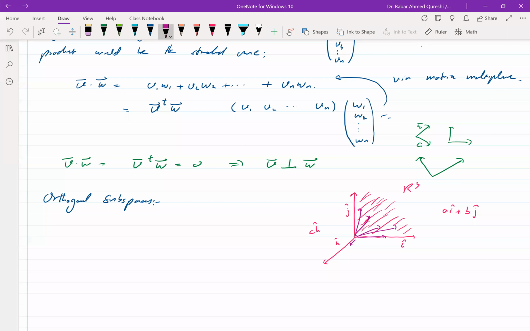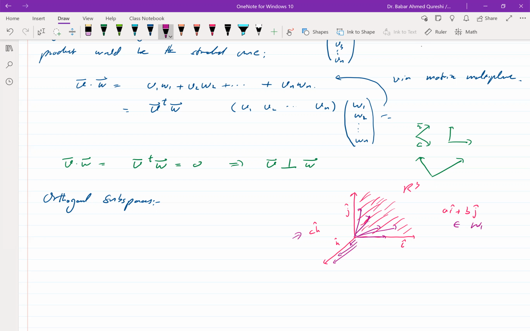This is just a one-dimensional space, but any vector in this shaded plane is perpendicular to it because there's an angle of 90 degrees. So both of them are subspaces.